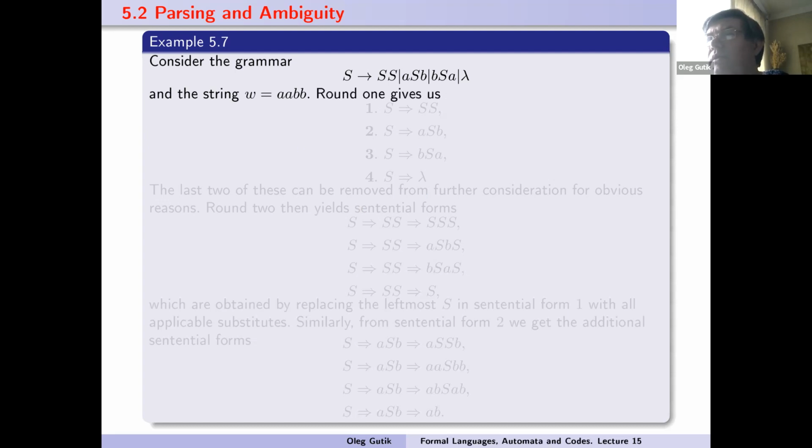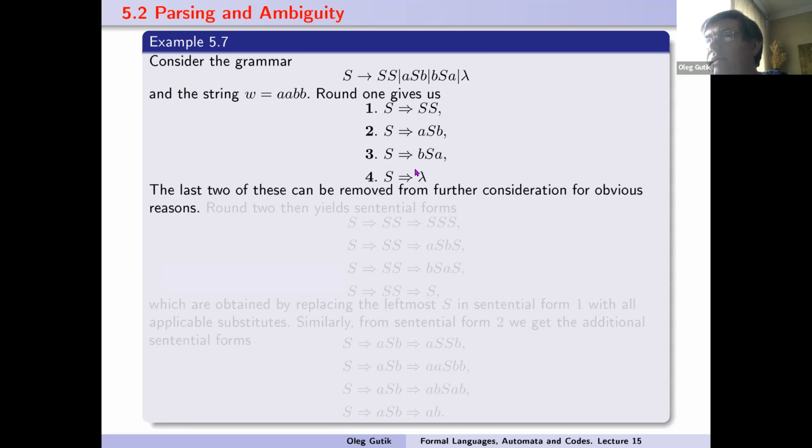Round 1 gives us S into SS, S into a S b, S into b S a, and S into lambda, which is the empty word. The last two of these can be removed from consideration as a result.